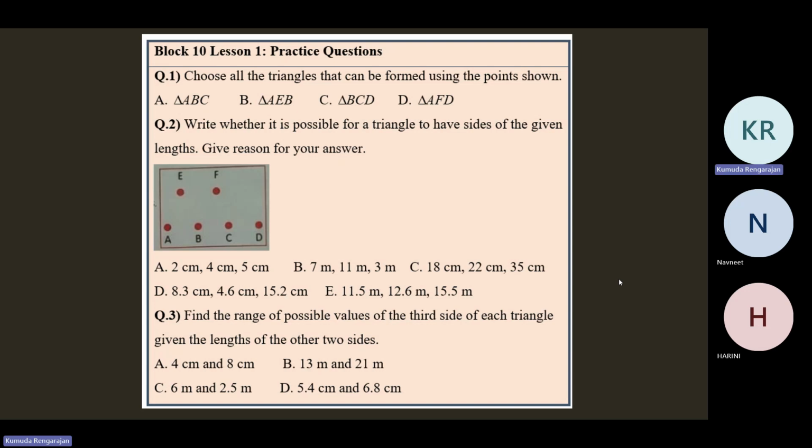Harini and Navneet, just give me 5 minutes. I'll come back. In the meantime, please try question number 3. This is about what we just discussed: find the range of possible values of the third side of each triangle given the lengths of the other two sides.